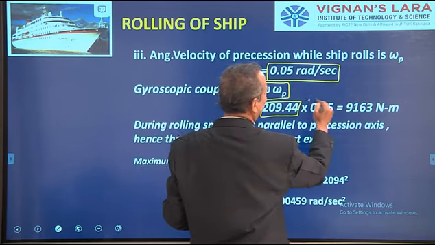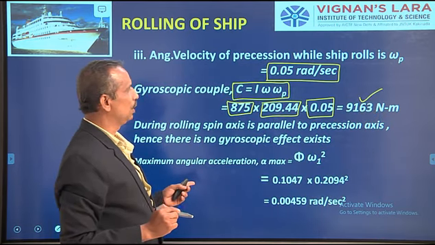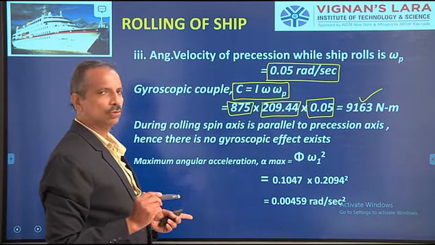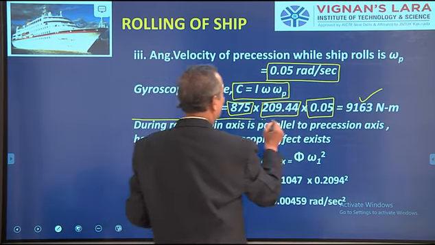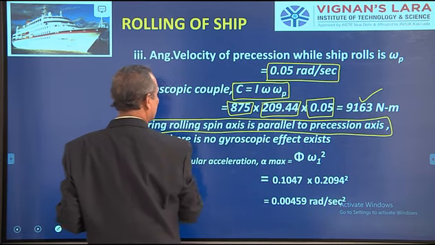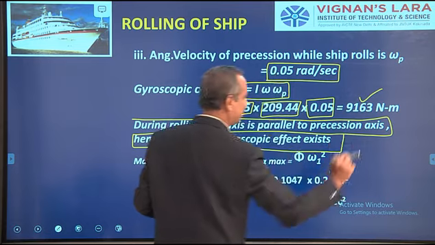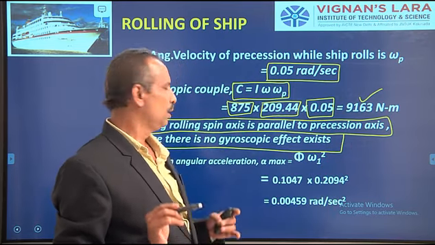Then omega p directly I substitute, I get the gyroscopic couple is 9163 Newton meter. And there is no effect, spin axis is parallel to the precession axis, hence there is no gyroscopic effect.